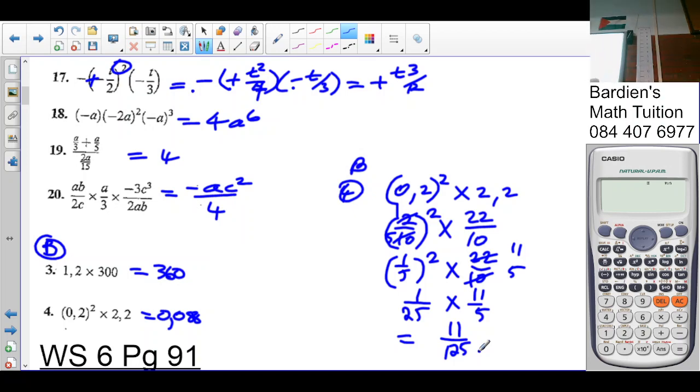And that there is also 88 over 1,000. 8 goes into 88 11 times, and 8 goes into 1,000 125 times. So that is an equivalent answer.